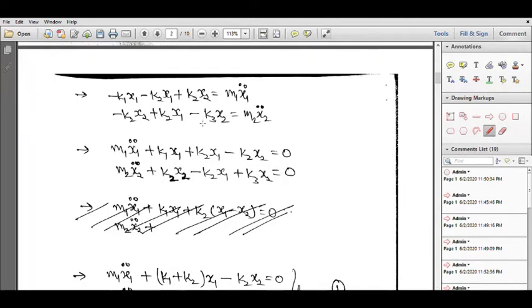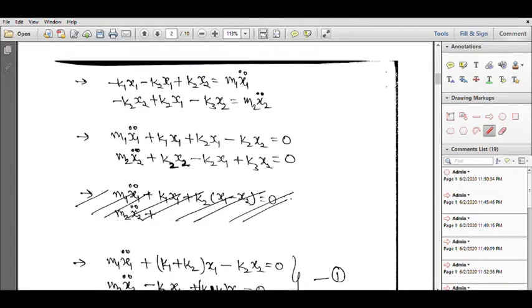Now I'll rearrange the equations of motions. Here I'm just simplifying them. This is the simplified version of the equations of motions, where I have taken all the variables to one side of the equation, and that is equal to 0.